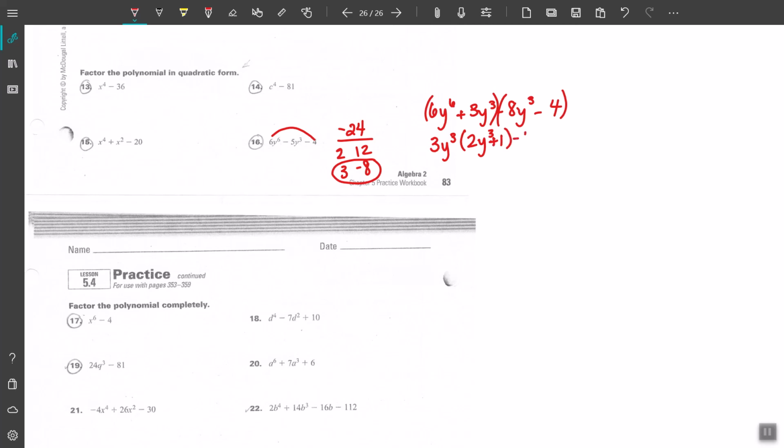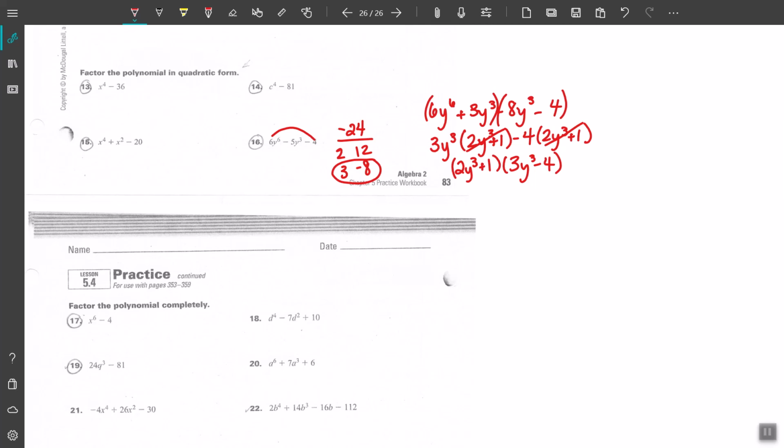And then we're going to factor out a negative 4 here so that we end up with a 2y cubed and another positive 1. So that's good because our binomials match. So we'll factor out the binomial from each of those terms and write what is left over.